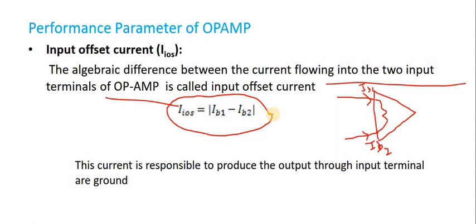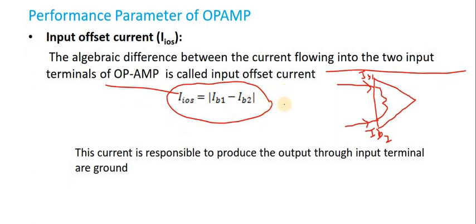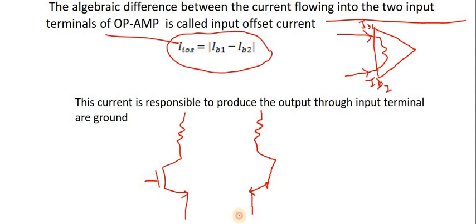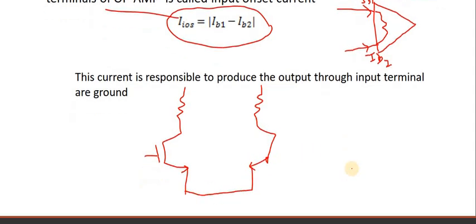So now what is the reason for the difference between these two currents, IB1 and IB2? Suppose I have a differential amplifier. If you have studied BJT before, then you can understand this better. I have drawn this very simple differential amplifier.